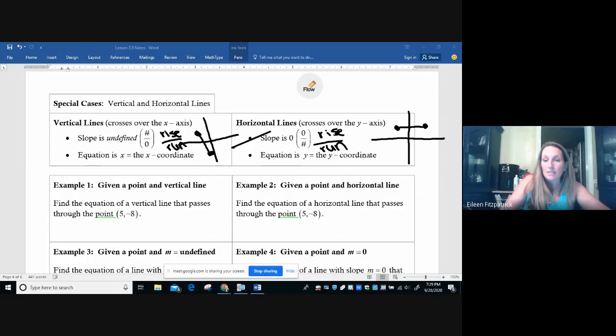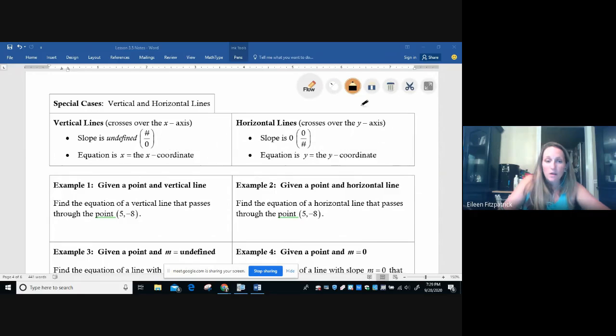Since your rise is 0, the numerator is 0, that means your fraction, your ratio, simplifies down to 0, which means your slope is 0. Okay. The important thing is for equations of vertical lines, the equation is going to be x equals some number, and for horizontal lines, it's going to be y equals some number, okay?